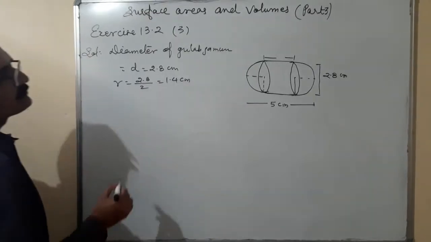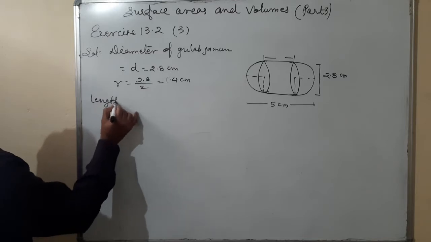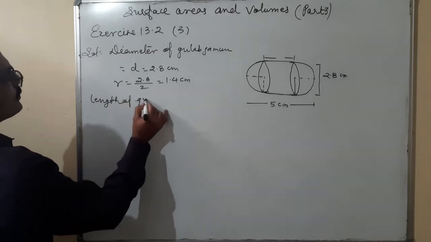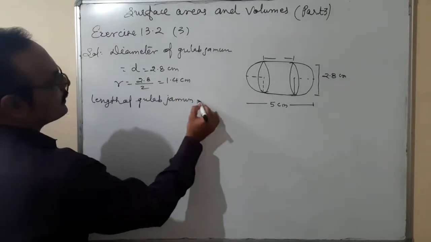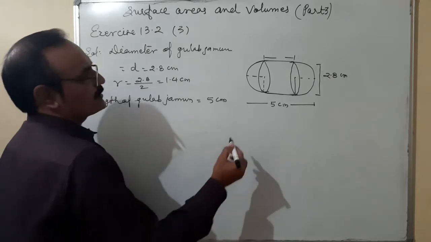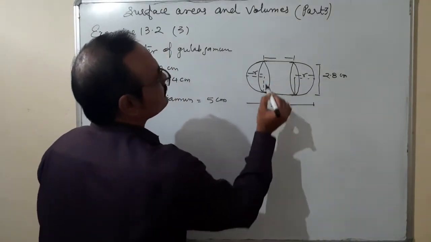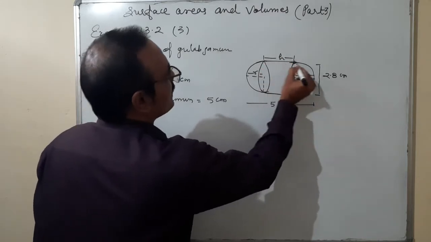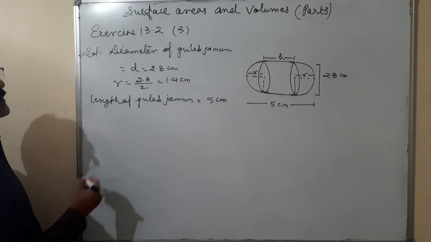Okay, and here the length of the gulab jamun is equal to 5 centimeter. This is R, and this is H, the height of the cylinder. Length of the gulab jamun is 5 centimeter.